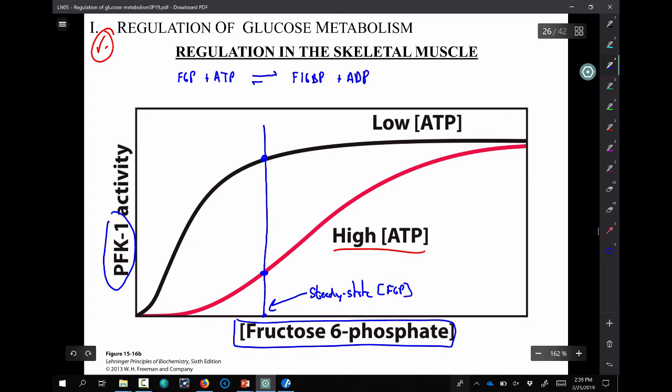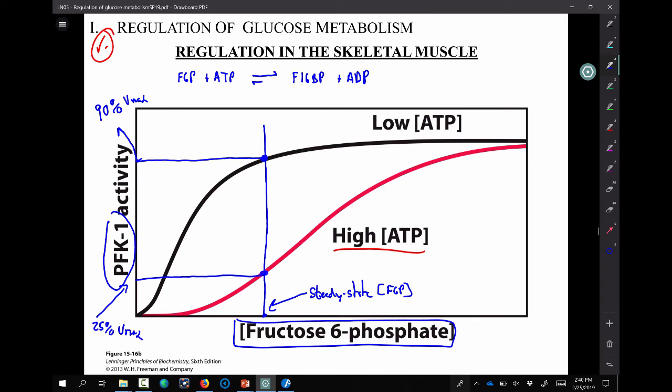Notice that in high ATP, we have somewhere around, I don't know, 25% of the Vmax. But if we were to come all the way up here, when ATP levels drop, then we're sitting somewhere around 90% of the Vmax.